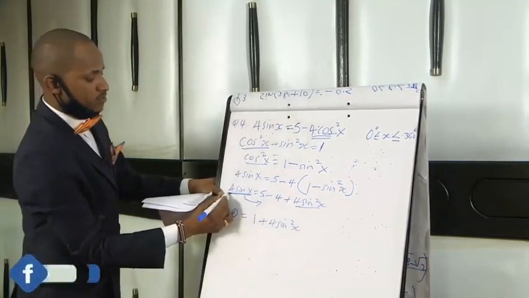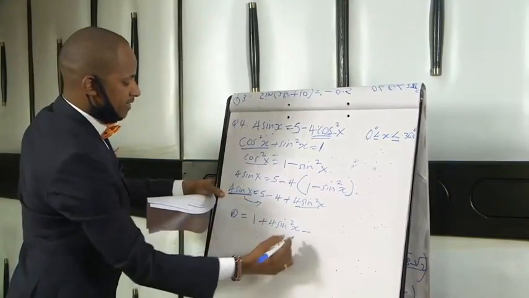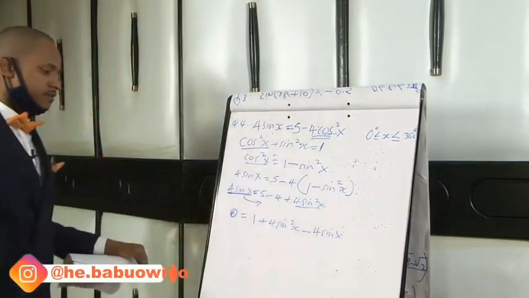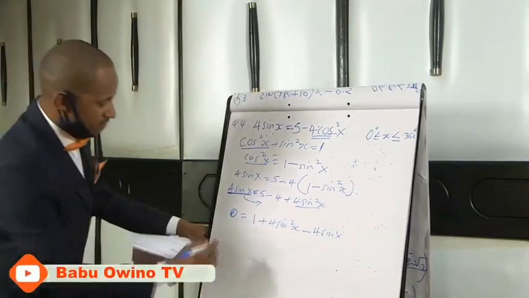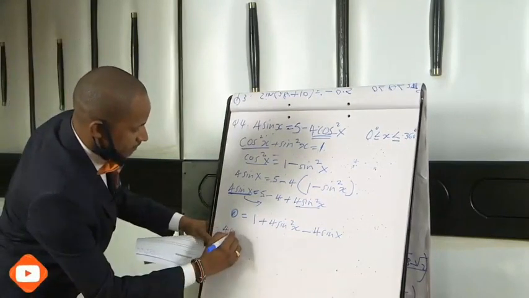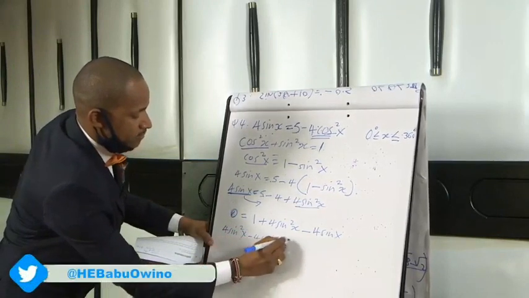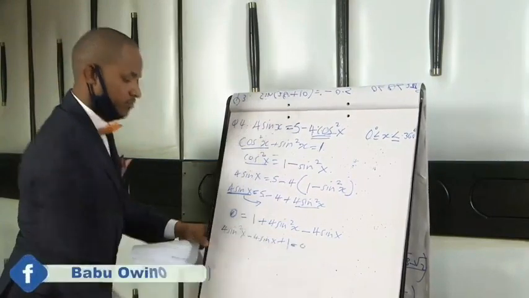Then remember we've brought this on the other side, so when it crosses the equal sign it becomes negative 4 sine x. So when we rearrange this just to make it look neat, you say 4 sine squared x minus 4 sine x plus 1 equals 0.